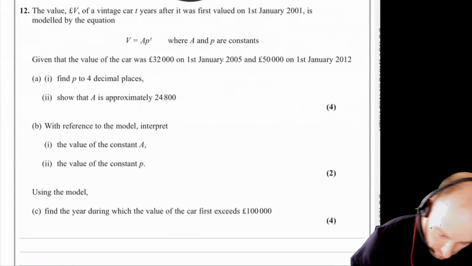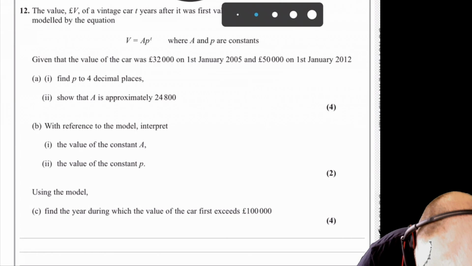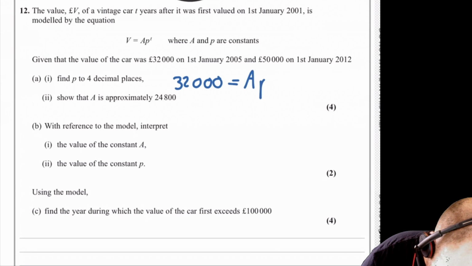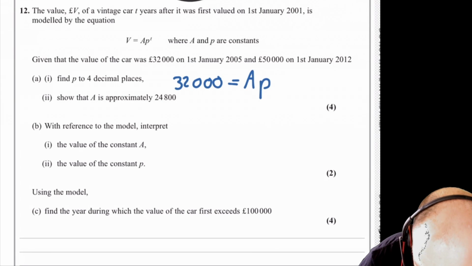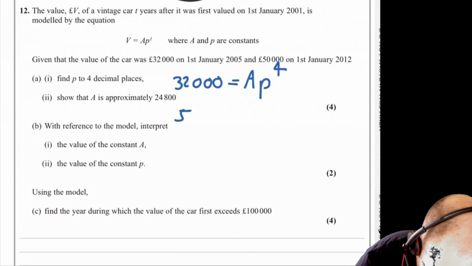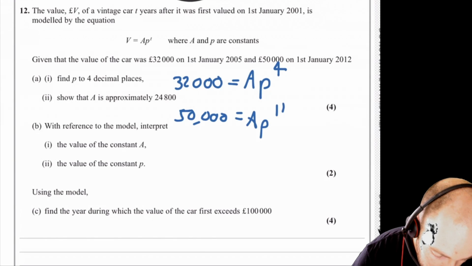So going through this one, find P to 4 decimal places. We need to put in these two values. So 32,000 equals A P to the power T, where T is years after 2001. So this one's going to be 4. And the other one, 50,000 equals A P to the 2012, so that's going to be 11.